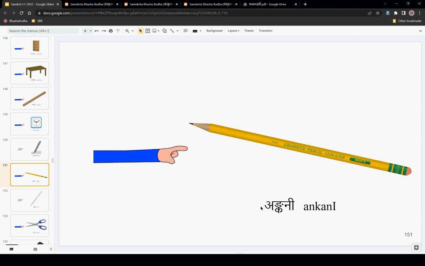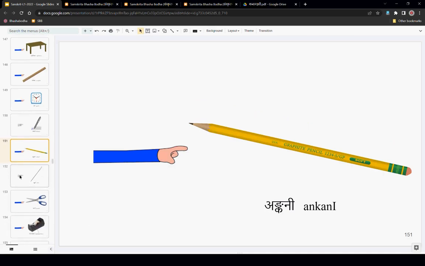What is the lingam here? Strilingam. So what is the word here for? Is it saha, sa, esha, tat? Sa, and complete the full sentence. Sa ka. That is a question. And the answer is? Sa ankani asti.